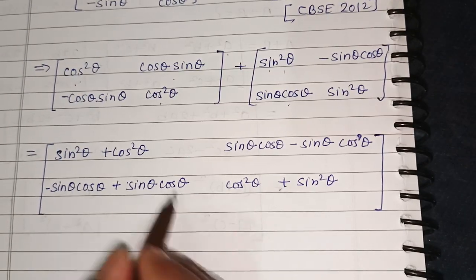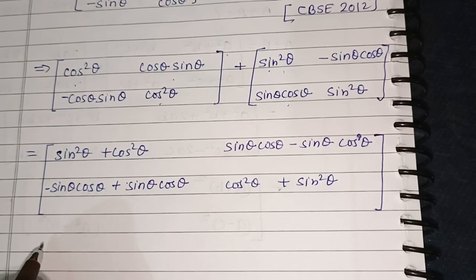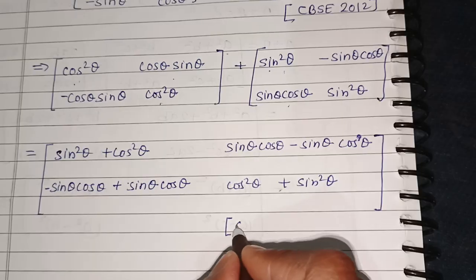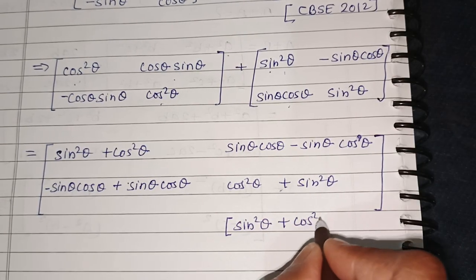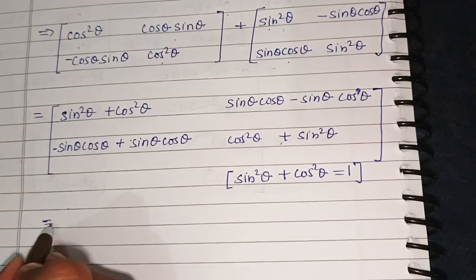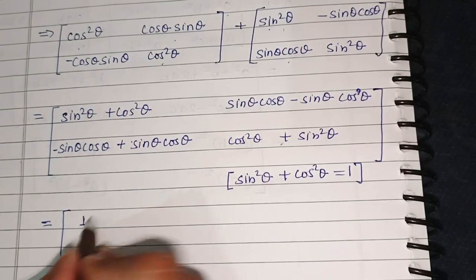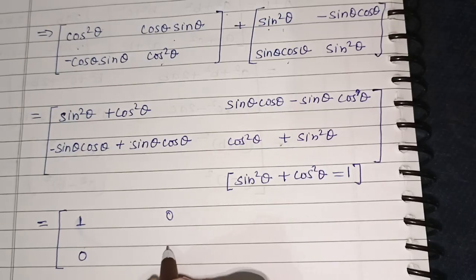Okay, these cancel out, and since we know that sin square theta plus cos square theta equal to 1, so that is 1, that is 0, that is 0, that is 1.